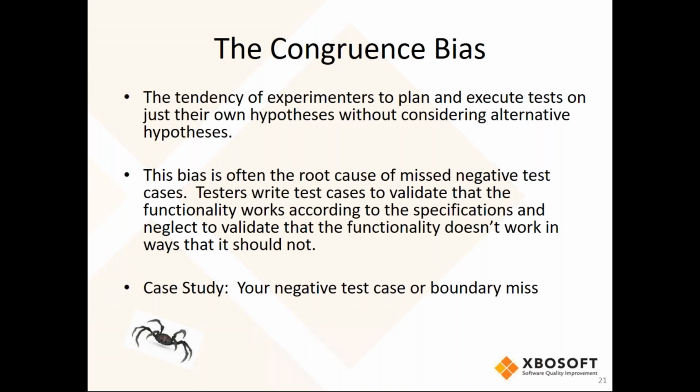This is the way it's supposed to work, but you sometimes forget to go back and test that the functionality doesn't work in ways that it shouldn't. Like a zip code, you shouldn't be able to put in 0. You shouldn't be able to put in alpha characters. And boundaries too. You can often miss boundary tests with the congruence bias.